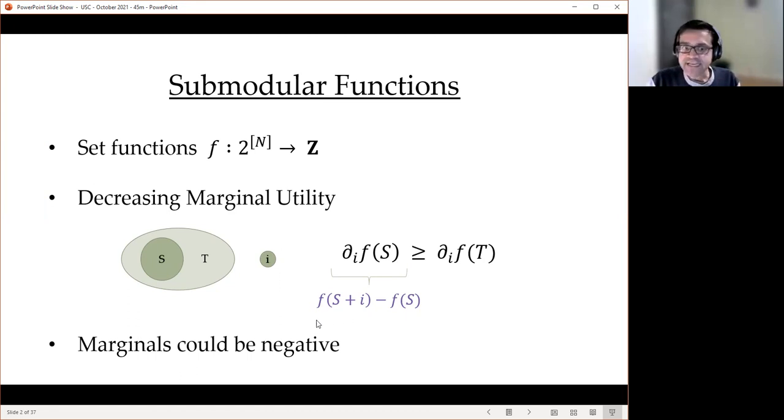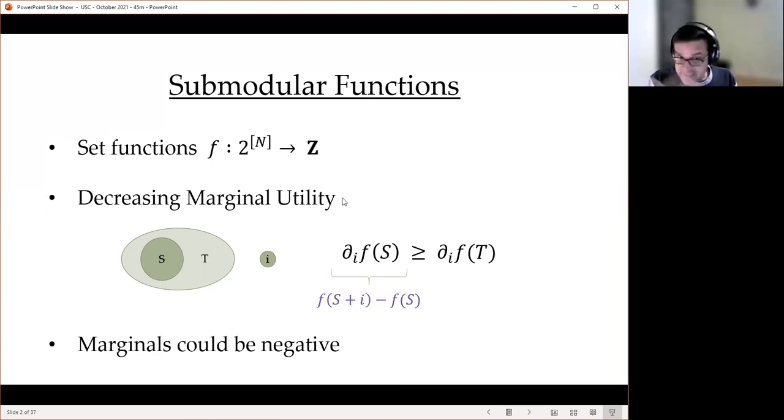It's not necessarily an increase. So in particular, these marginals could be negative. And for the problem that we're going to look at, it will be negative. And the example I like to give here sometimes is, imagine that this is the happiness that you obtain when eating mangoes. So the 8th mango might give you a negative happiness rather than a positive happiness after you have eaten 7, depending on the person.